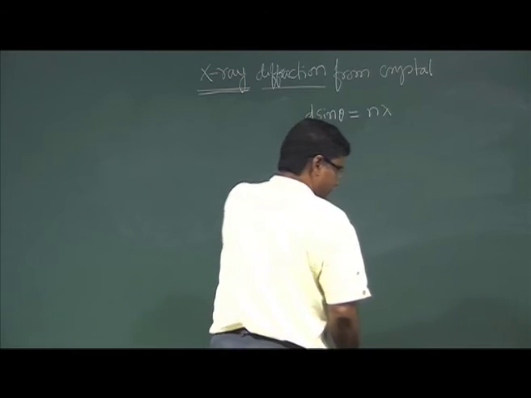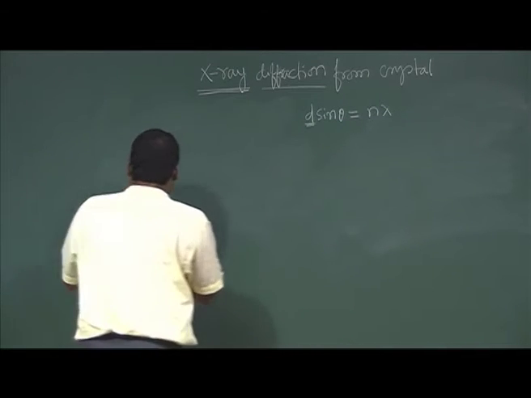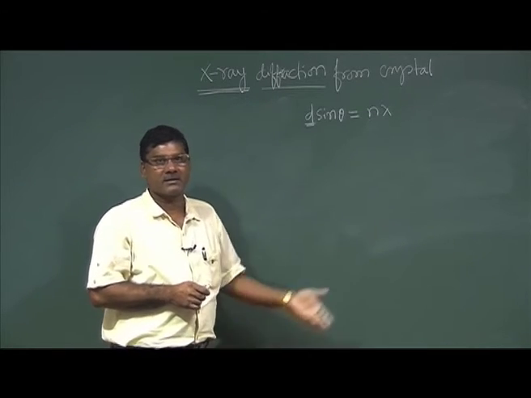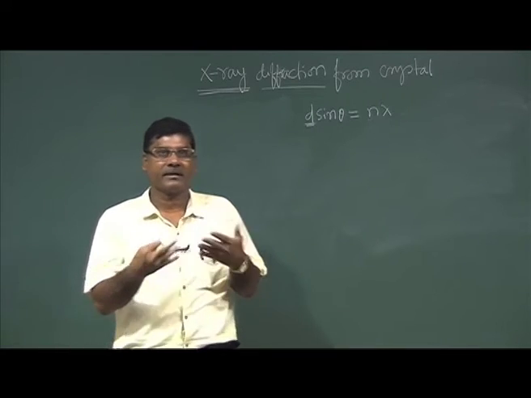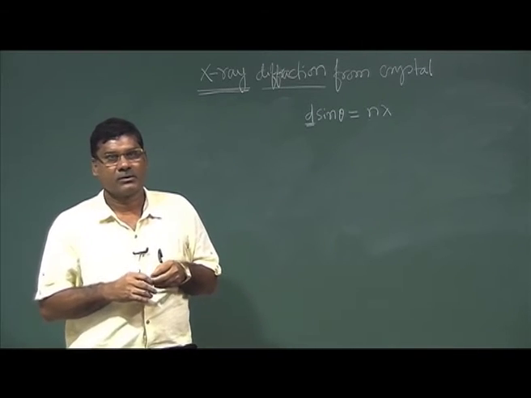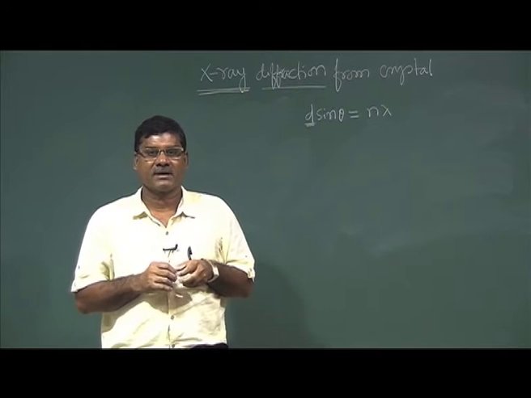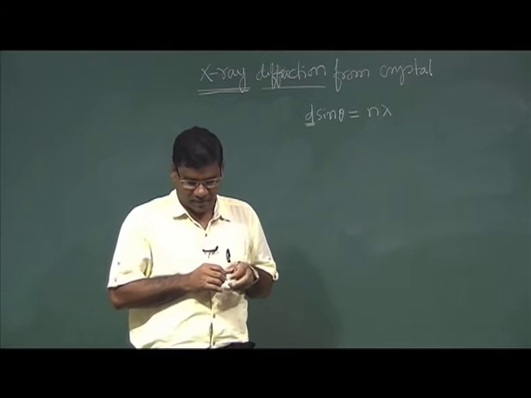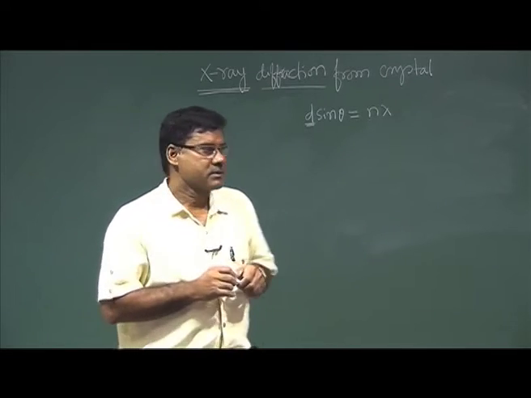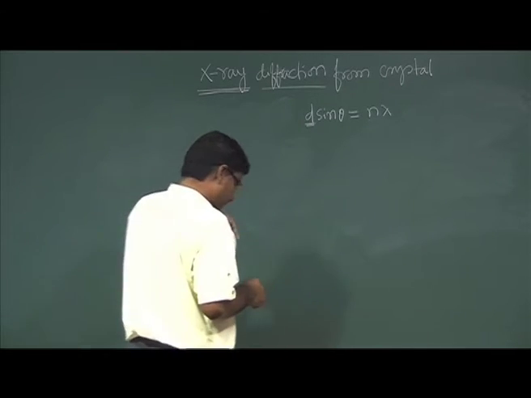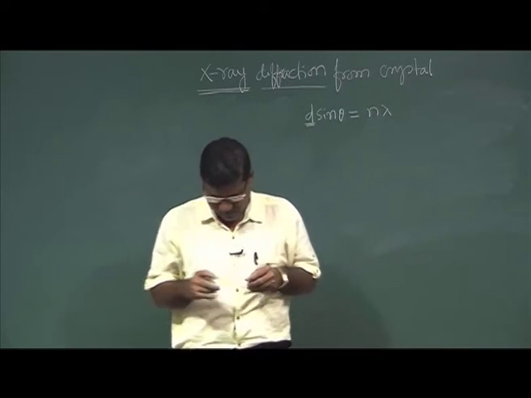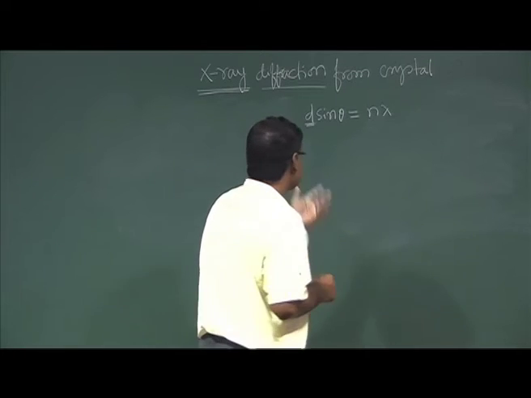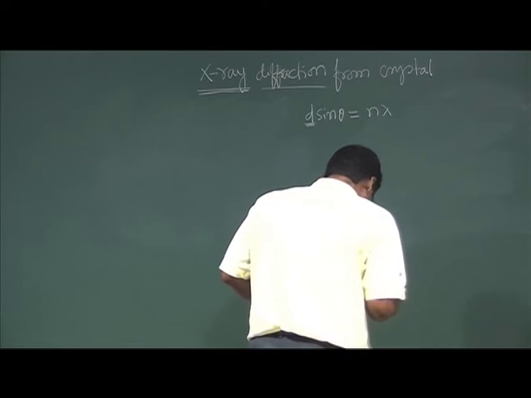As I told, von Laue and Bragg independently found a way to study X-ray diffraction and determine the lattice constant of the crystal. So they gave different mechanism treatments for this X-ray diffraction.